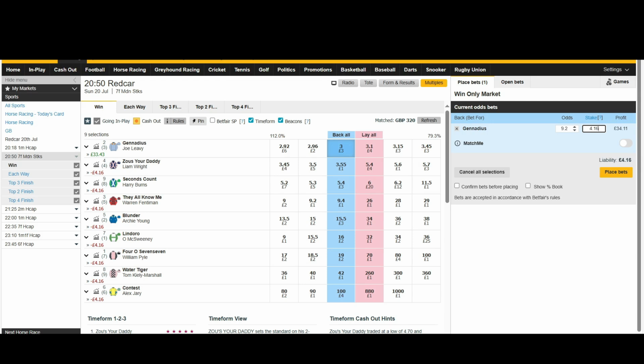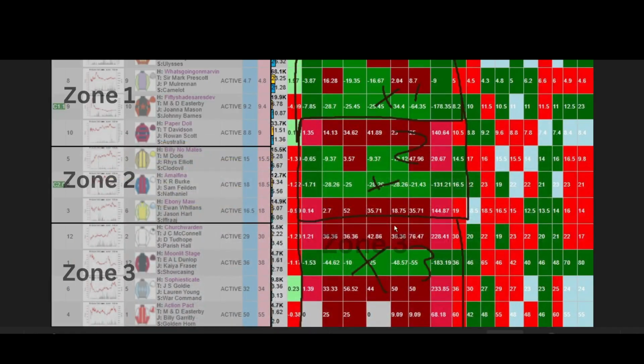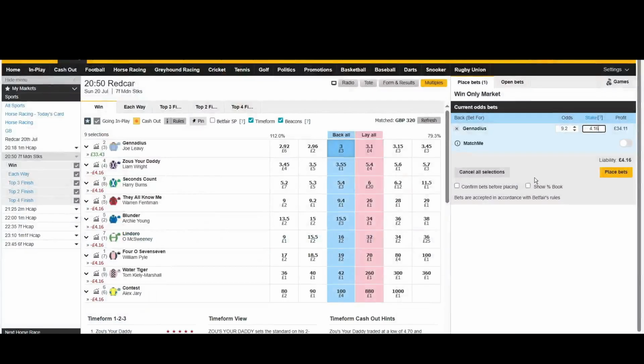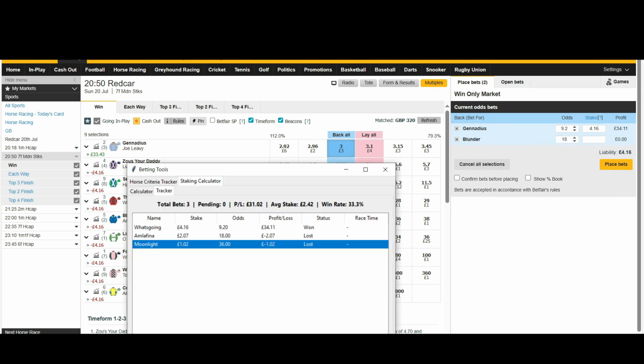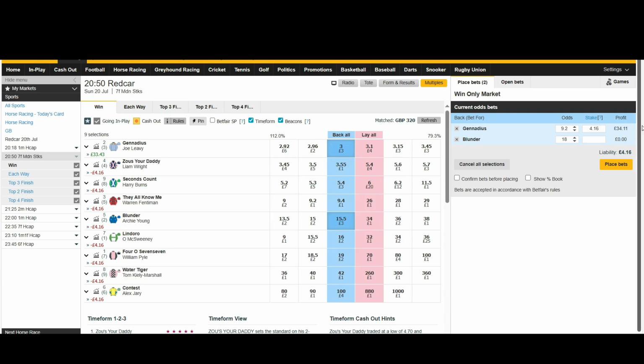And for our second horse, we had Amalfina at 18s. So once again, just going to pick a horse from the zone 2 if you like, and pop in 18 and with a stake of £2.7.